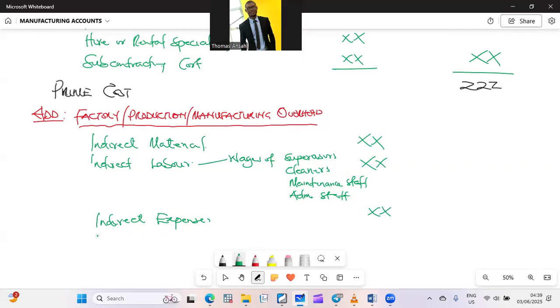All right. Okay, so let me add something like general factory expenses. So that is for the indirect. It's the same thing. I can just call this one indirect expenses or general factory expenses.